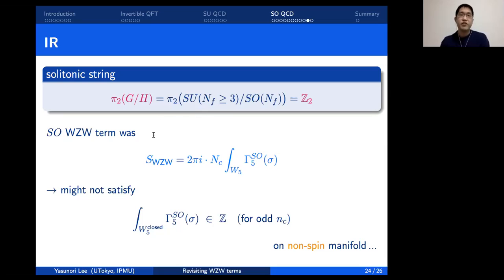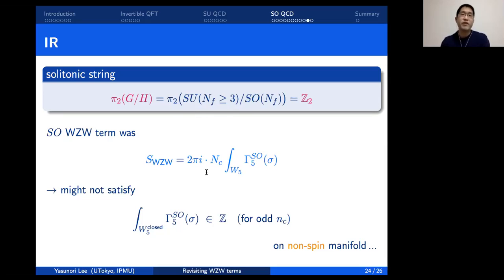But meanwhile, recall that there was a Wess-Zumino-Witten term for N_F larger than or equal to 3. On spin manifolds, there was no problem at all in defining it, but since we are on non-spin manifolds now, one should worry that this might make the Wess-Zumino-Witten term ill-defined.